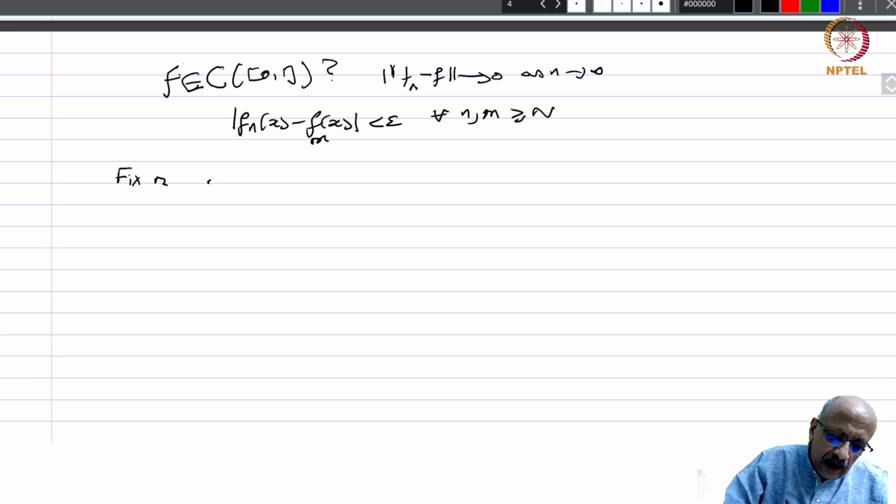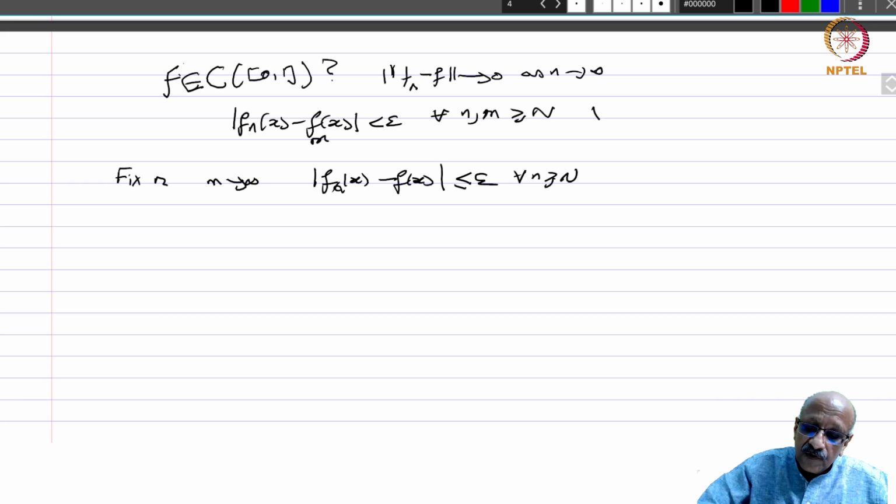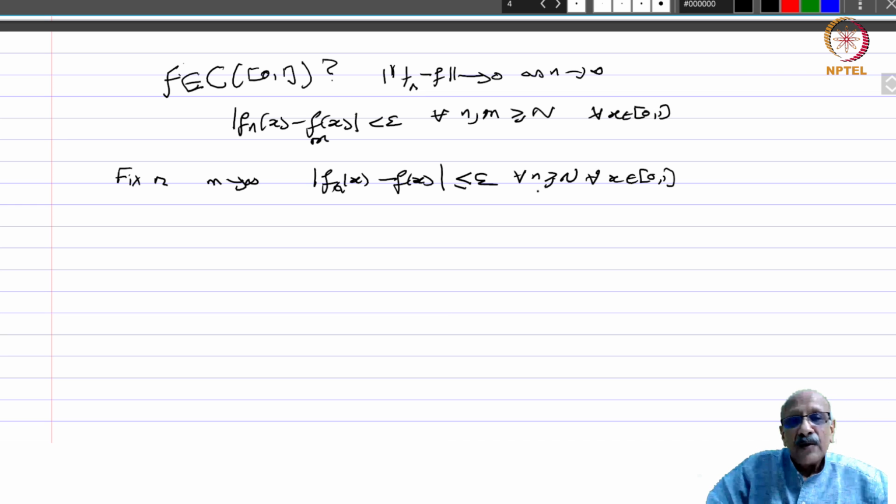Then you have |f_n(x) - f(x)| less than or equal to epsilon for all n greater than or equal to N, and of course for all x in [0,1] in both places. So we have that f_n converges uniformly to f. The convergence in this norm is essentially uniform convergence.